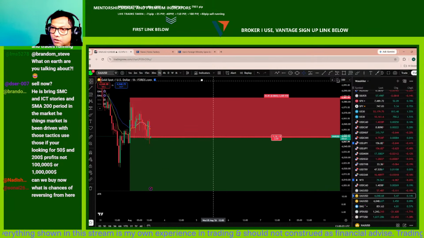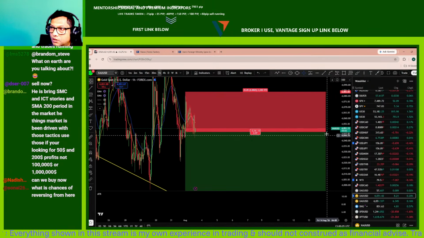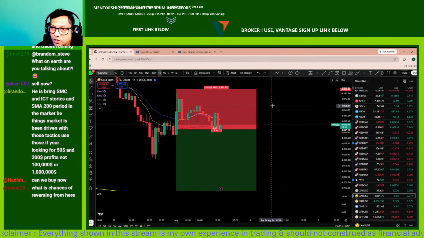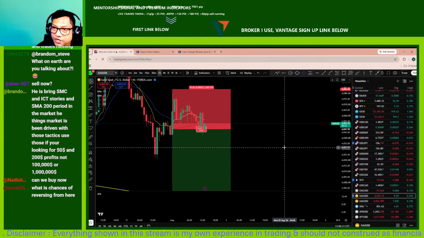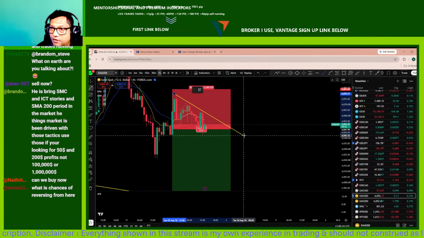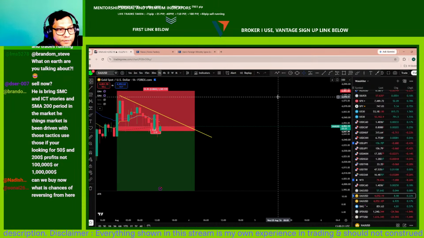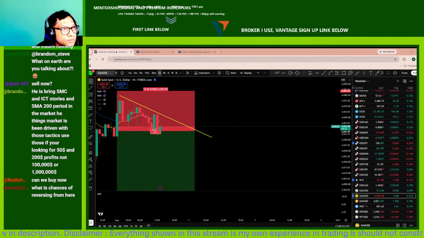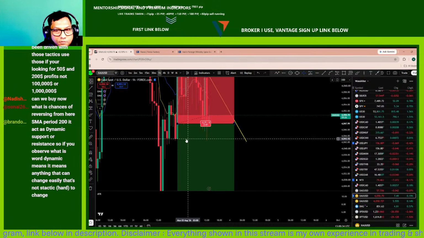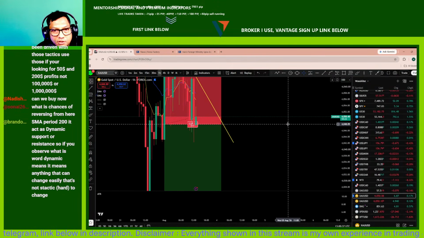So there is another 1 hour price action closed with a large red candle. So I'm not entering yet, just looking to see the possible entries here, that there is another trend line here. What is the chance of reversing from here?